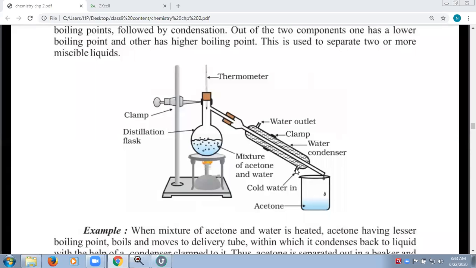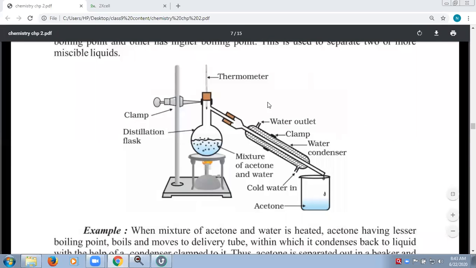Cold water enters from the water inlet here, moves continuously around this tube, and then moves out from the water outlet here.